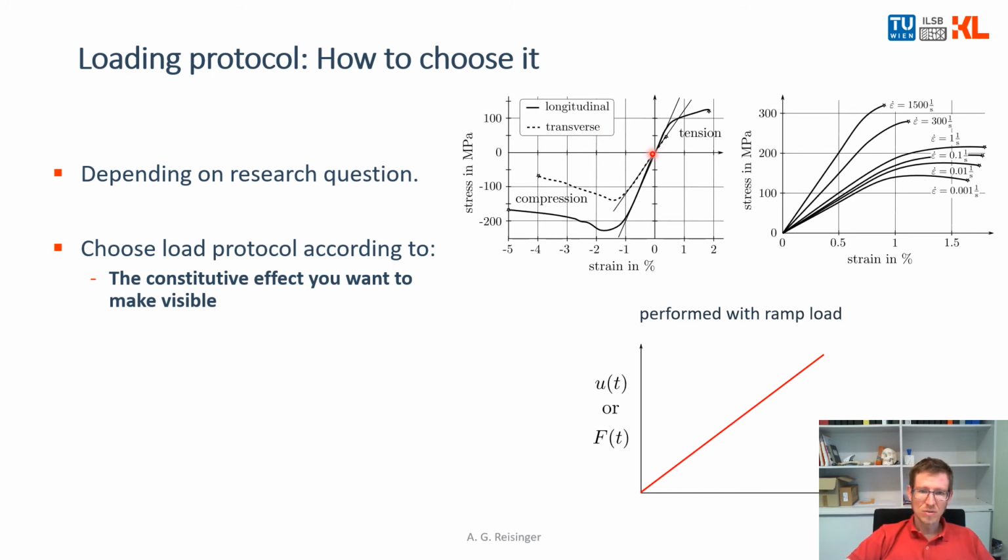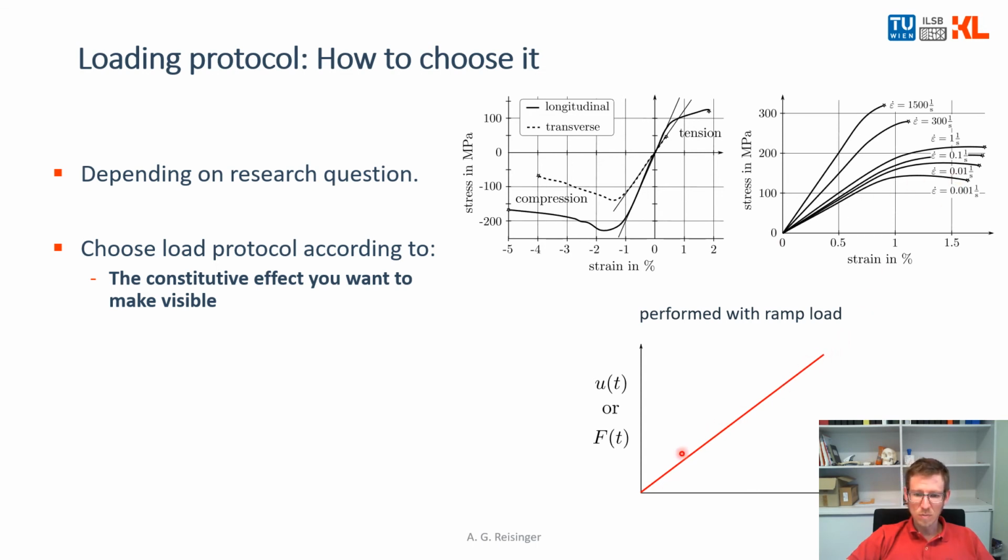Yeah, so here the scientists applied ramp load, and the stress, so the force divided by the cross-section area, was measured as a response in this way. Yeah, and also in compression. Here, the ramp had different slopes.